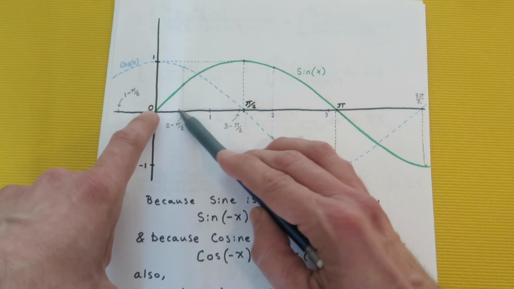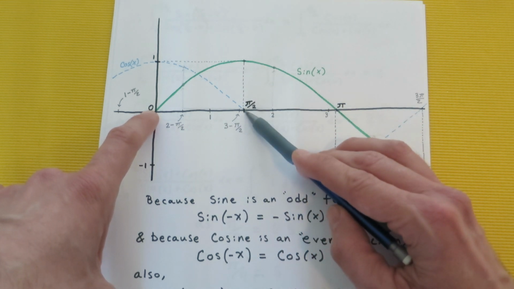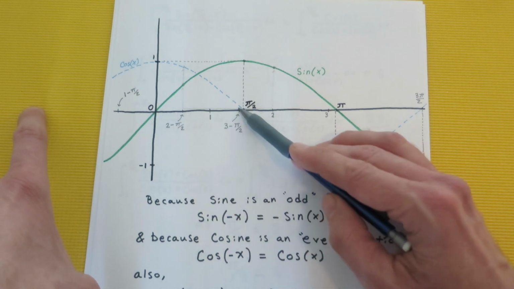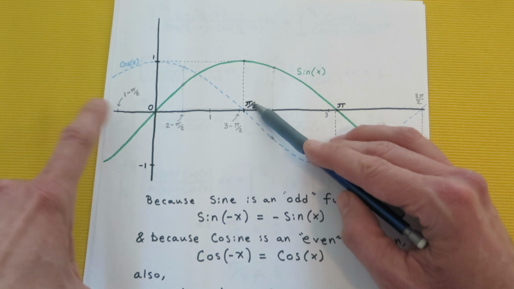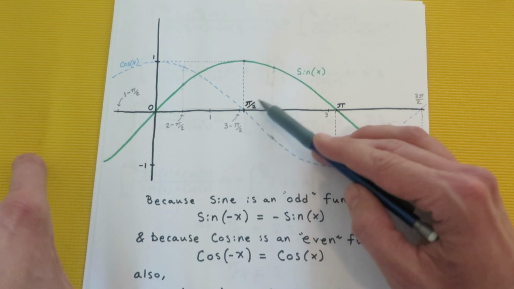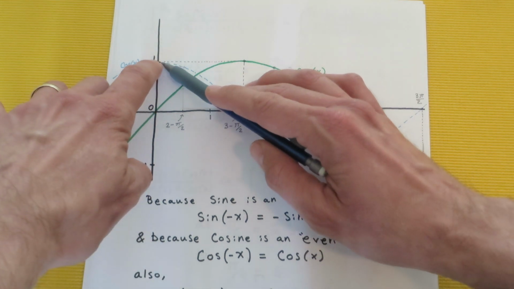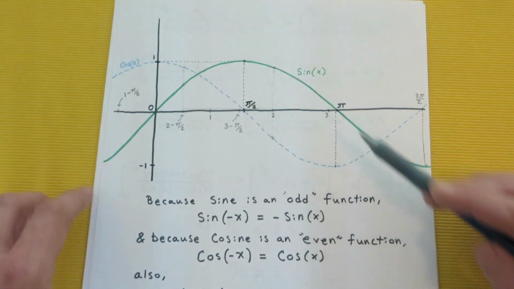So for every x in the positive direction, there is an x in the negative direction where the output of the function is the opposite. Just imagine our sine function continues off the paper. But cosine is an even function, meaning it's evenly symmetrical about the origin.